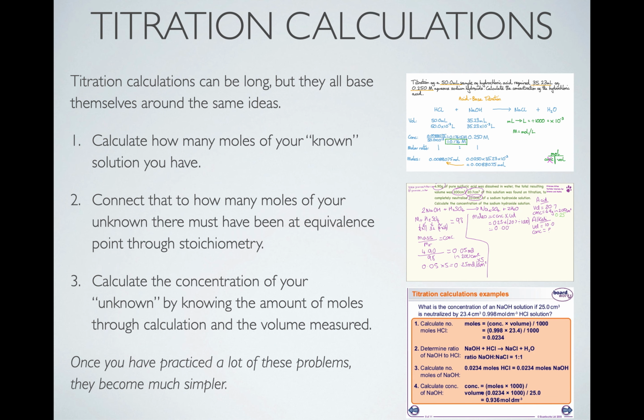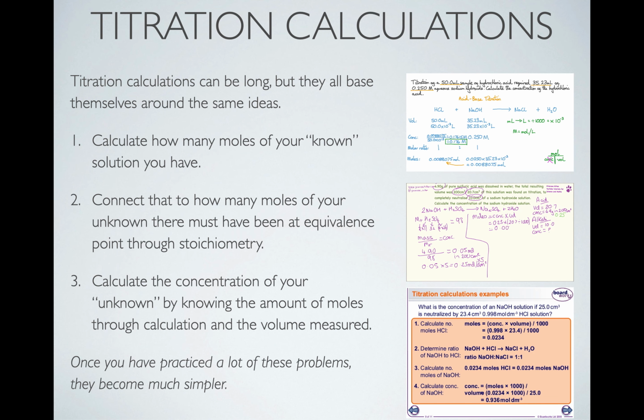So with our titrations, we have to do calculations afterwards once you've identified that endpoint. They can tend to be long, but they base themselves around the same idea, okay? You need to calculate how many moles of your known solution you have. You'll know that because you know the concentration and you know the volume that you use to reach the endpoint.